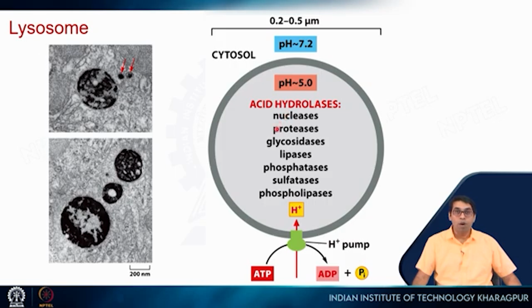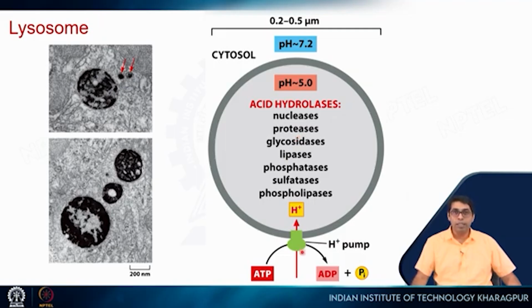And here all these macromolecules which have performed their task or they have been damaged or they are not required, they will be taken here and they will be shredded into their monomeric components. So, proteins will be degraded into amino acids, nucleic acid will be degraded into nucleotides, and they will be recycled so that new DNA or RNA or protein can be synthesized.